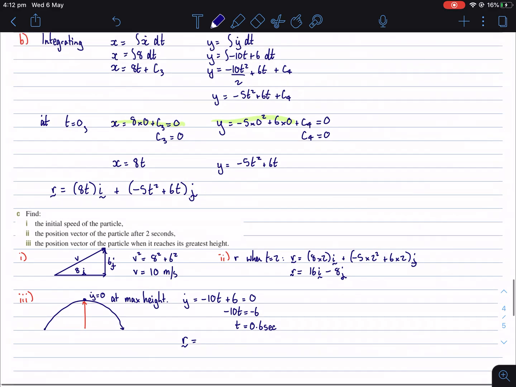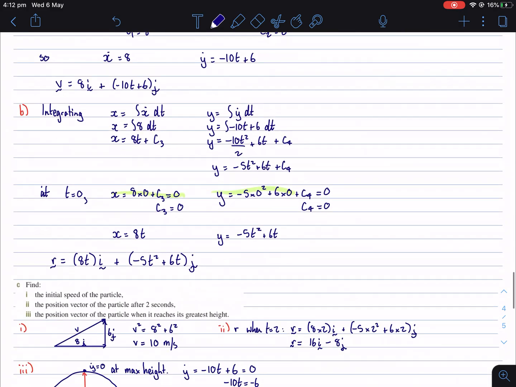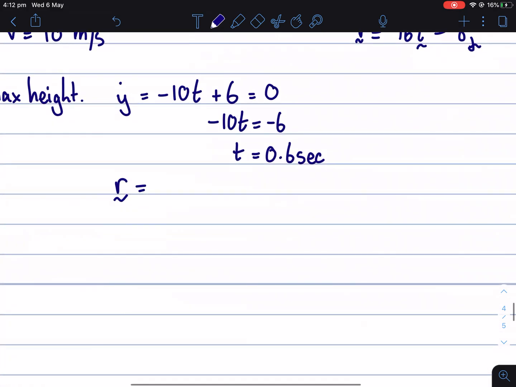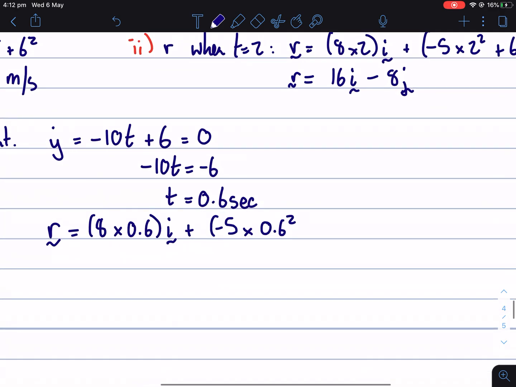That's going to annoy me if I don't do it consistently. Okay. So r is going to be 8 times 0.6 i plus -5 times 0.6 squared plus 6 times 0.6 j.